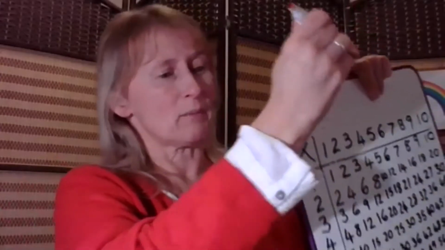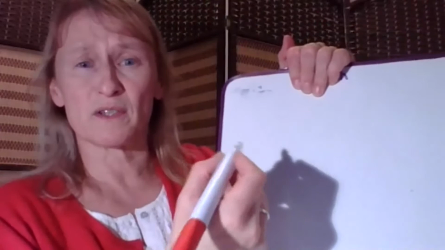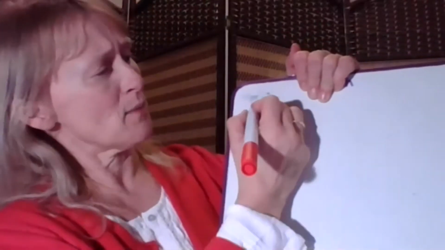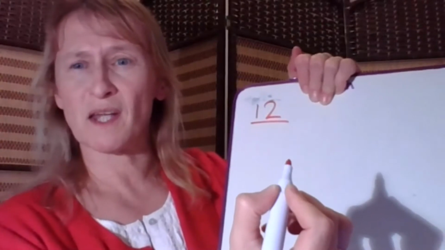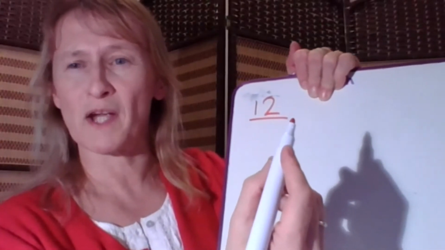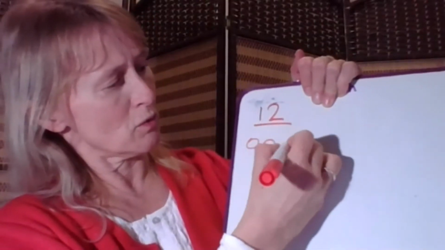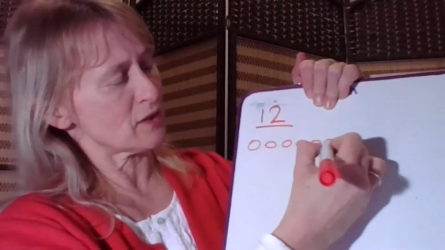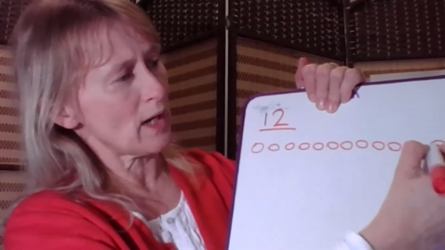I'm going to try and arrange 12 into different arrays. So there's 12. I'm going to start off seeing if it'll arrange into one row. 1, 2, 3, 4, 5, 6, 7, 8, 9, 10, 11, 12.